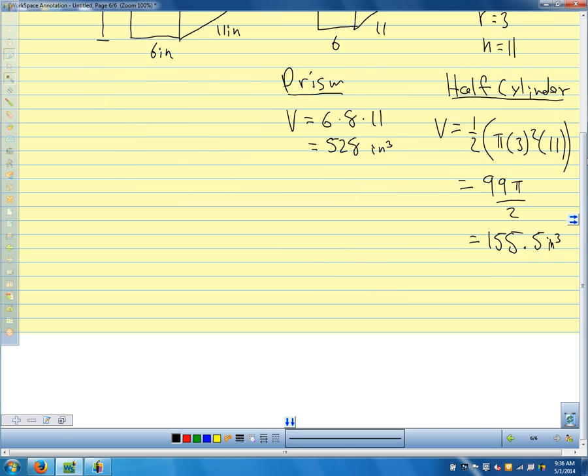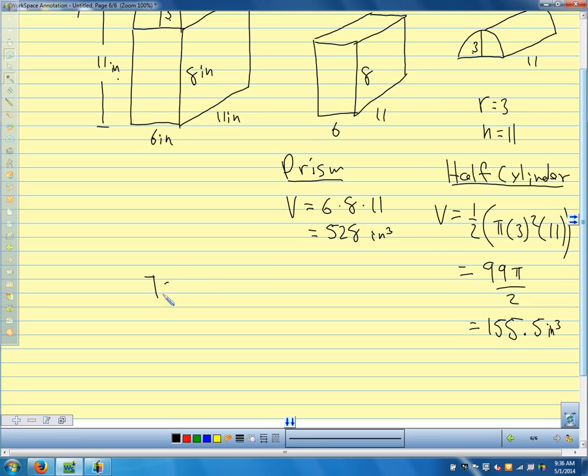So the total volume now is 528 plus 155.5 inches cubed, and when I add those together, I get 683.5 inches cubed.